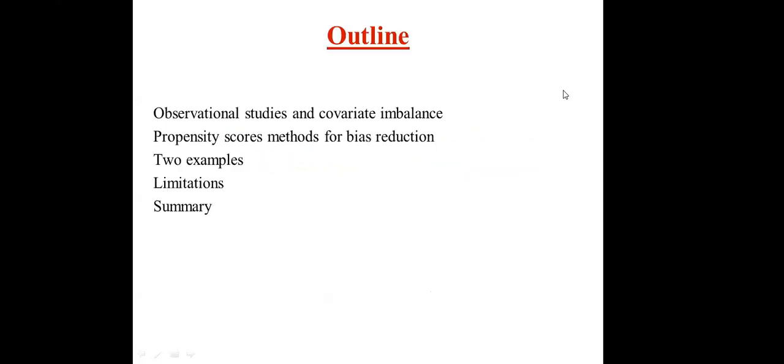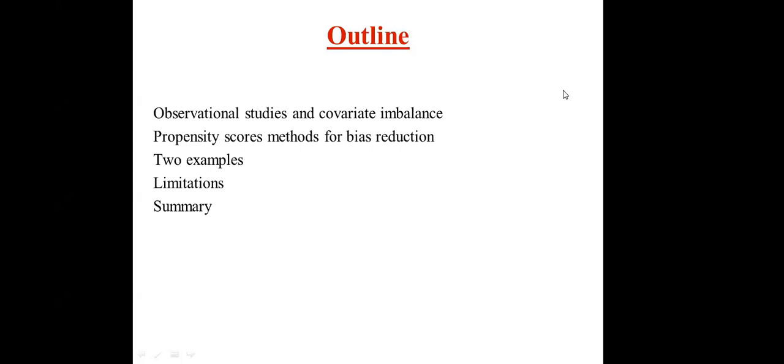So in this talk, I will talk about why we're talking about propensity analysis. Basically, when we have observational studies, that is, studies that don't have randomization to treatment groups or exposure groups, we do not have the same sense of causation that we get when we do a trial. There's always going to be some degree of selection bias, so we want to try to minimize that in our analysis.